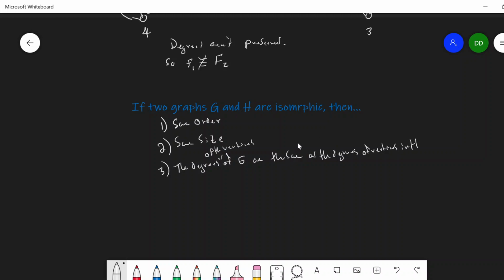And again, this tells me something if I look at the contrapositive of this. Remember, if I have an implication, some statement P implies some other statement Q, here P is that two graphs G and H are isomorphic, that's my hypothesis. Q is my conclusion: they have the same order and the same size and the degrees of the vertices are the same.